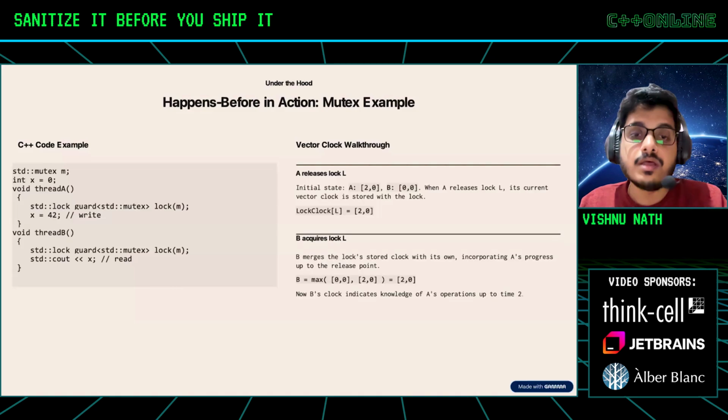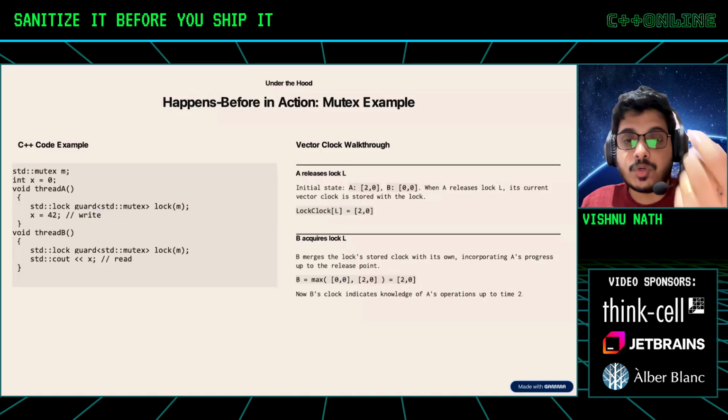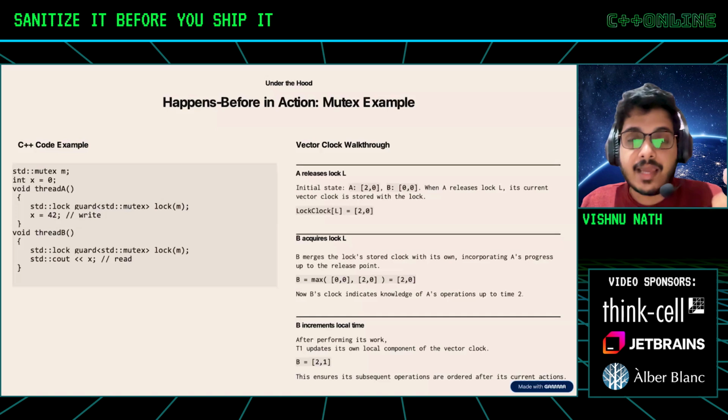During that acquisition, a vector clock merging happens, and B gets the value 2-0. And as B acquires lock L, it increments its timestamp to 1 and B becomes 2-1. Then TSan will compare these two vector clocks. A has 2-0 and B has 2-1. A is less than or equal to B, so there is a happens-before relationship between A and B, and thus there is no potential data race.